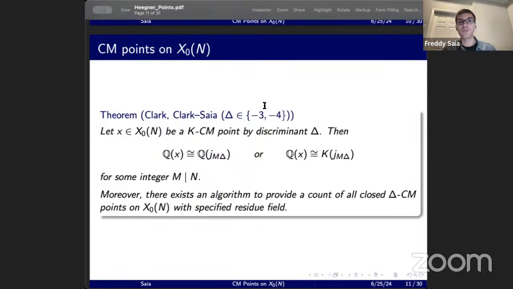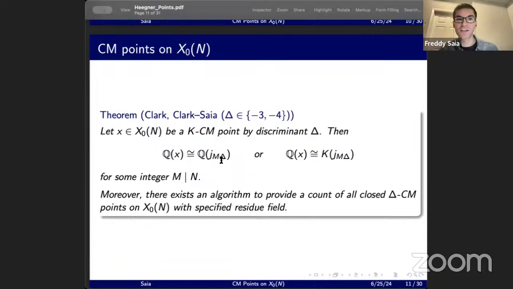So this is saying you take any CM point, let's say of discriminant Δ, then the residue field over Q of this point on X_0(N) is either Q adjoin a j-invariant or K adjoin a j-invariant, where the j-invariant might not be of a curve with discriminant Δ, but of discriminant mΔ for some integer m between 1 and N. There's some divisor of N, where N is just the level of your modular curve.